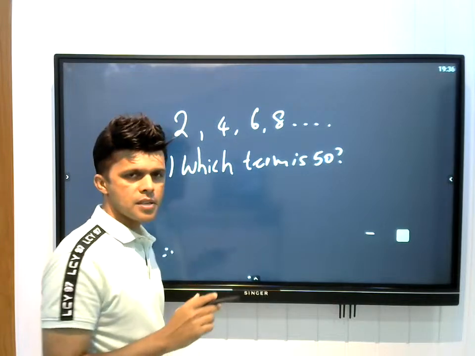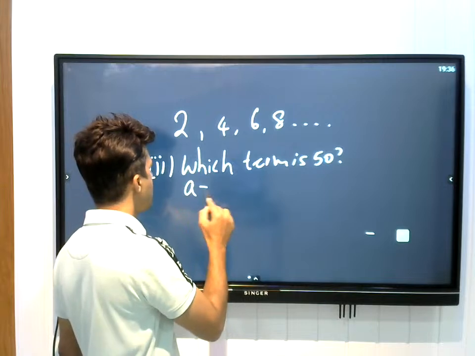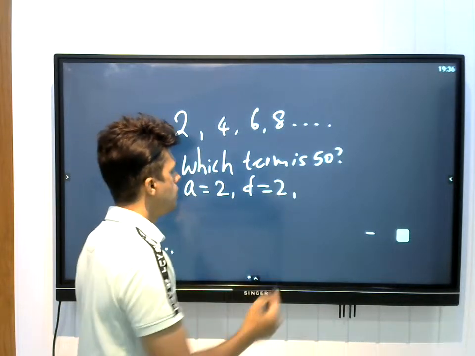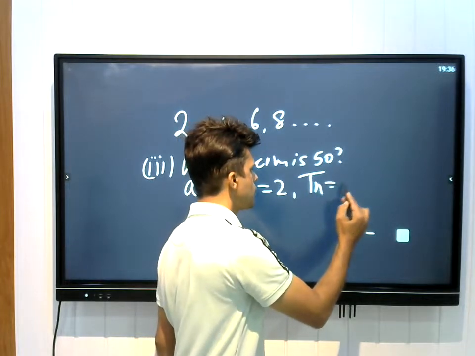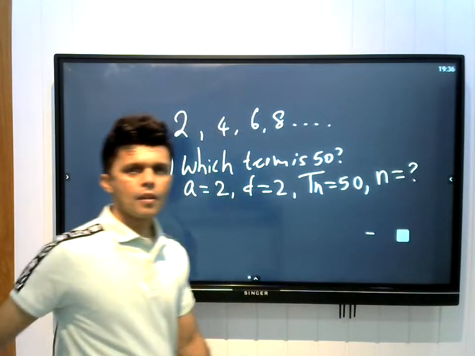Tn equals a plus n minus 1 times d. We know the value of a here, and we know the value of d, that is 4 minus 2. The term is 50, so Tn equals 50. You have to get the value of n here.